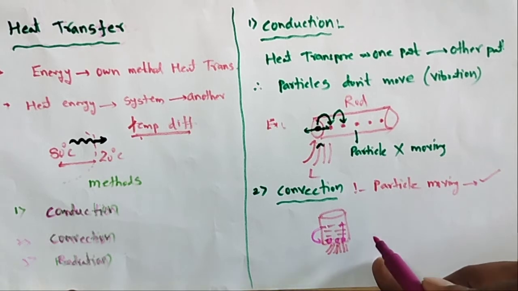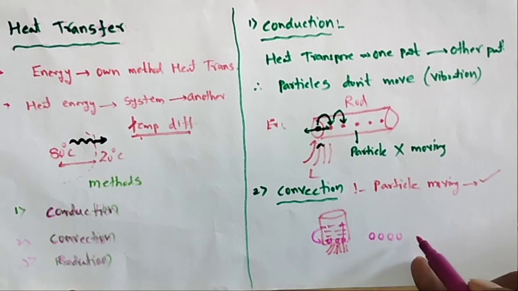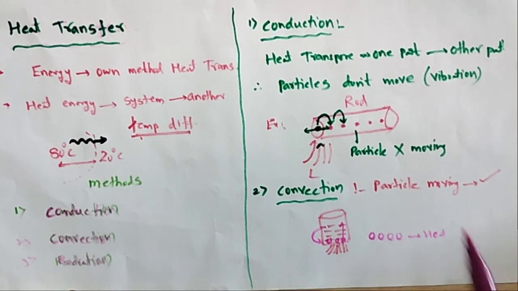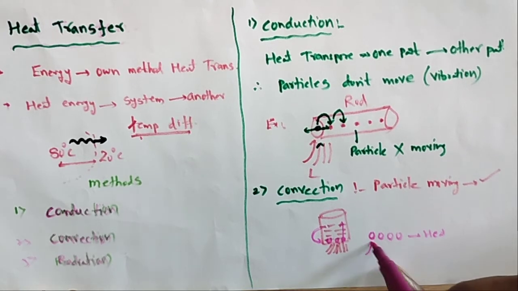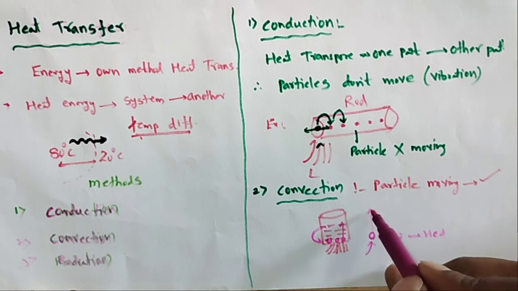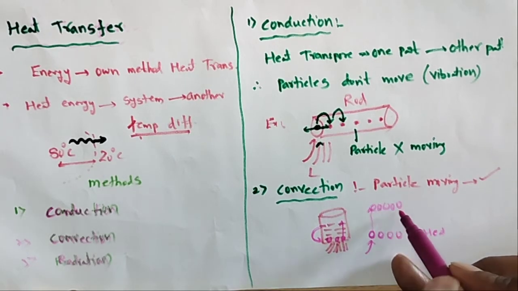First the bottom particles are heated. When some amount of heat is given to the bottom particles, their density becomes less and they go upward. They reach the top surface, where cold water is already present.